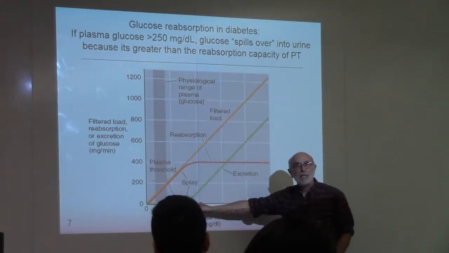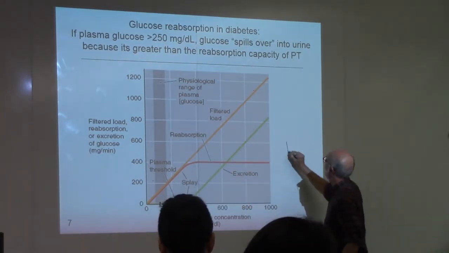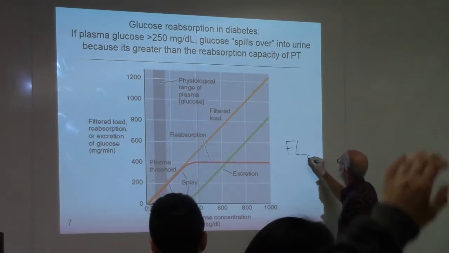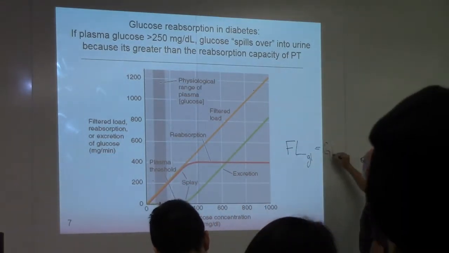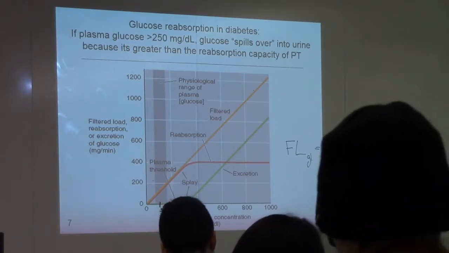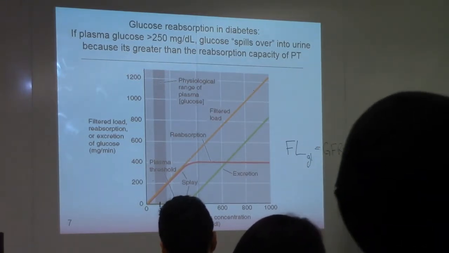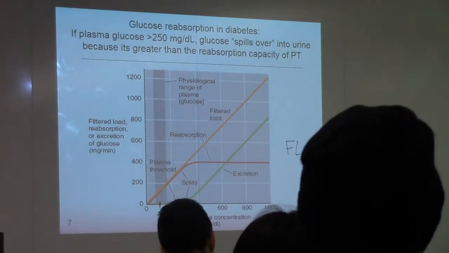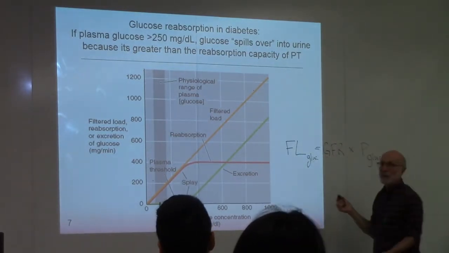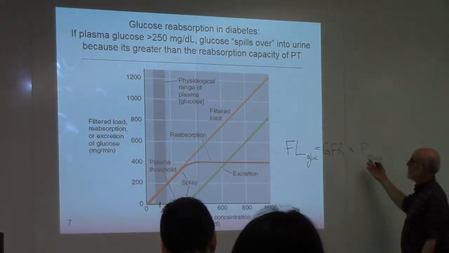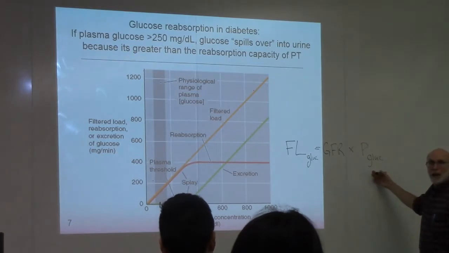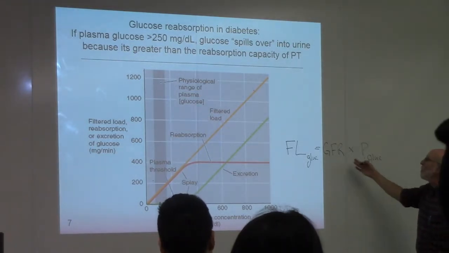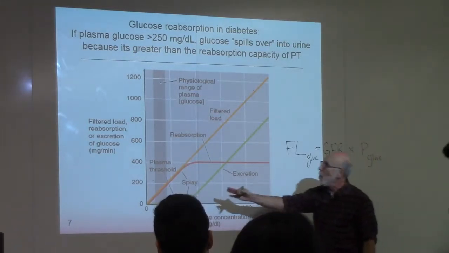Remember, filtered load of glucose is equal to the GFR times the plasma concentration of glucose. So it's linear: if we have a constant GFR, which we're assuming here, as the plasma concentration of glucose goes up, the filtered load goes up. That's the orange line.